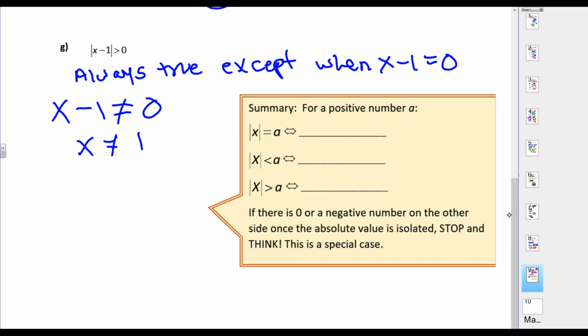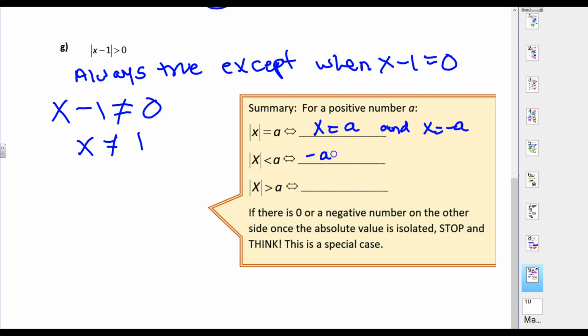All right, let's take a look at a summary of this real quick. There are basically 3 big instances of absolute value equations. The first is when we have the absolute value of x equals a. That will become 2 equations that you'll then solve, x equals a and x equals negative a, and you'll go from there. When you have the absolute value of x is less than a, that's going to become an AND equation.